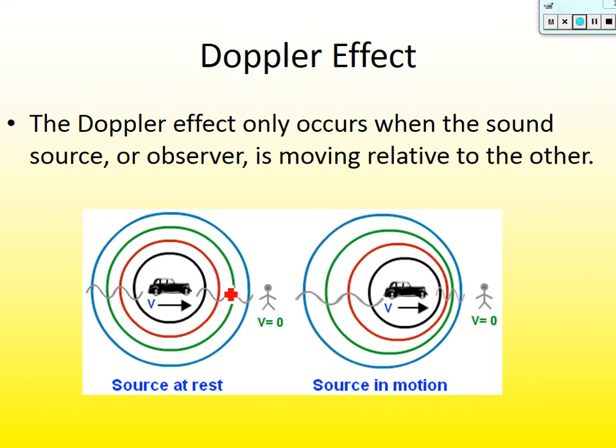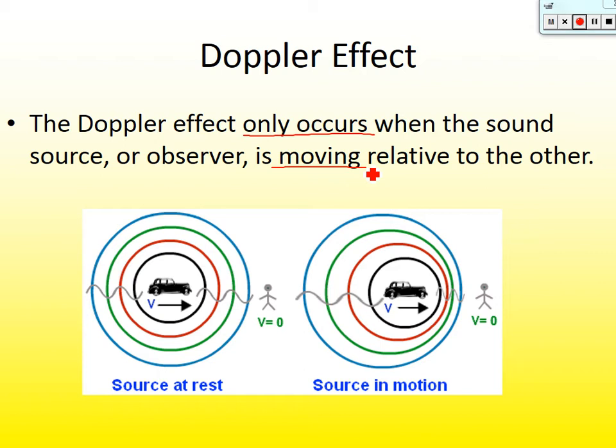Now, this slide says the Doppler effect only occurs when the sound source or the observer is moving. So the Doppler effect only occurs when there's movement. Either the sound source or the observer has to be moving.